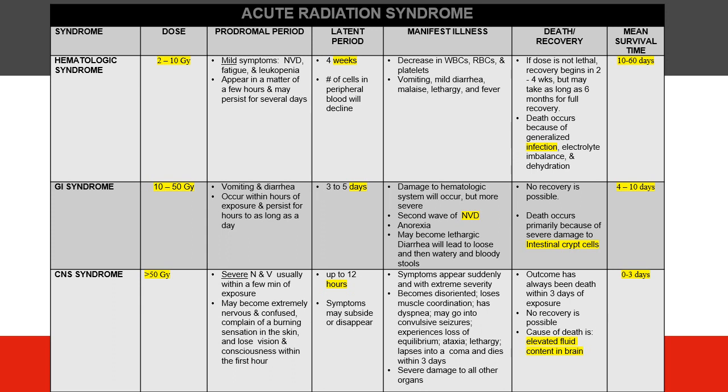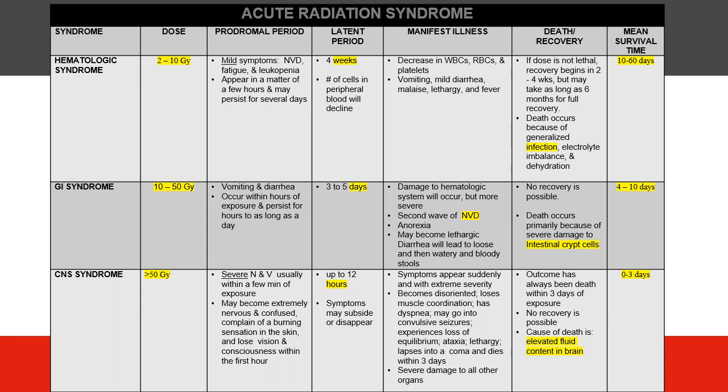After that, the same person in the hematologic syndrome has that dose and goes through the prodromal period, they're then going to go into what's called a latent period, and that's 4 weeks in length. Their cells in their peripheral blood will continue to decline. That can be observed by doctors using lab work, but they're going to feel overall pretty well.